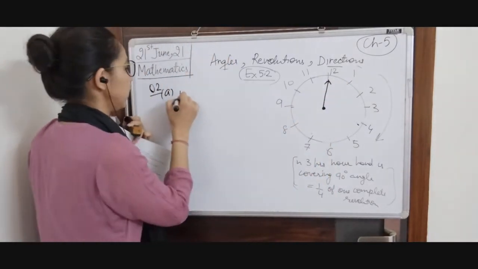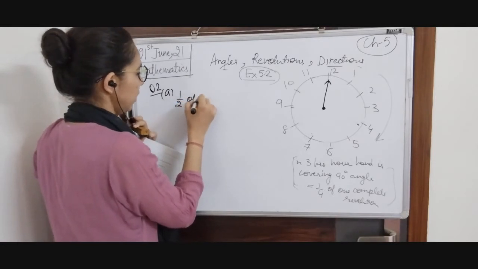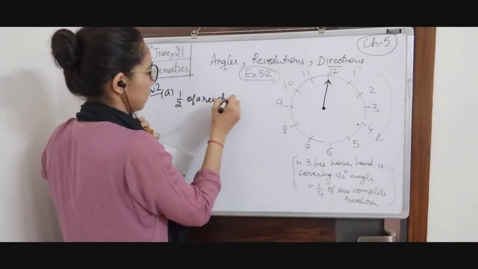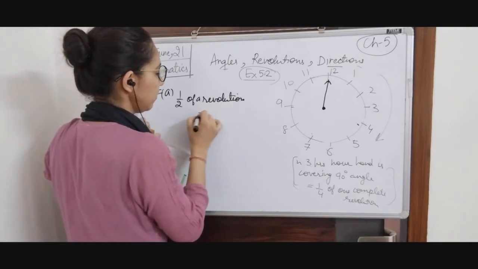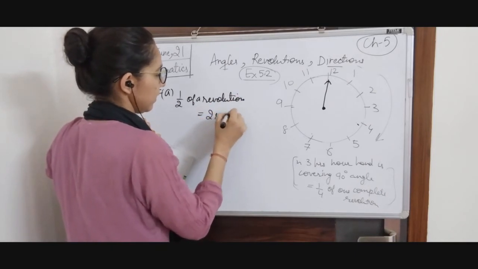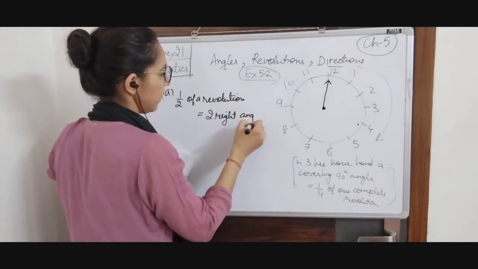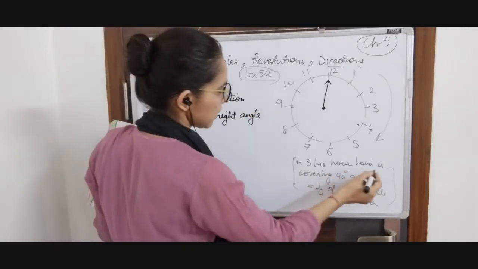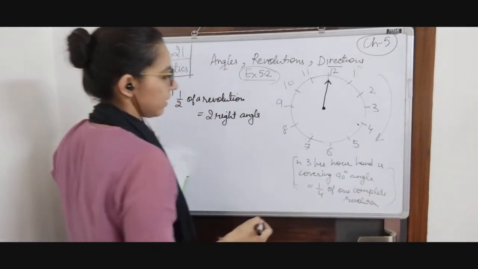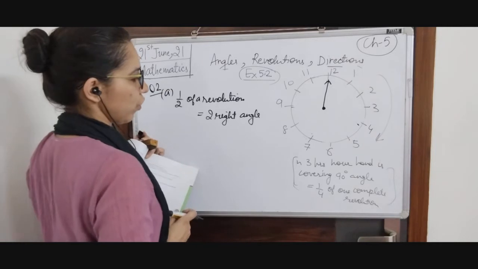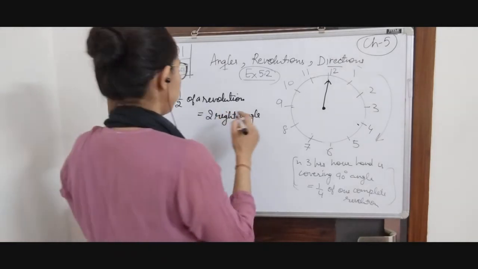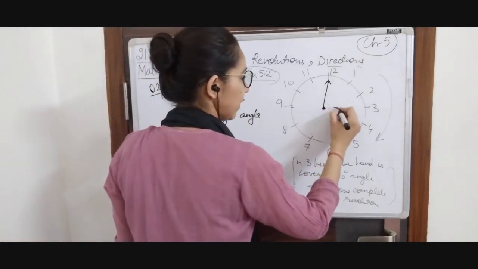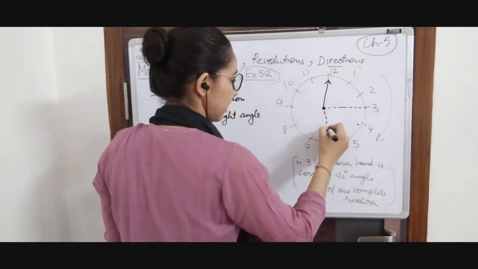Half of a revolution means 2 right angles, because in 3 hours we are making a 90 degree angle, which is 1 by 4th of one complete revolution. Half revolution means 1 right angle here and second right angle at 6.